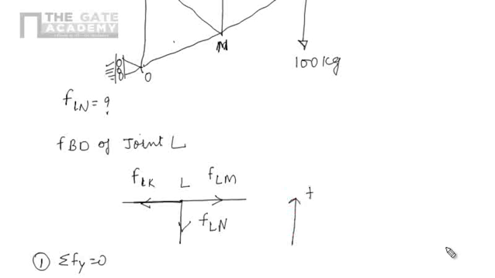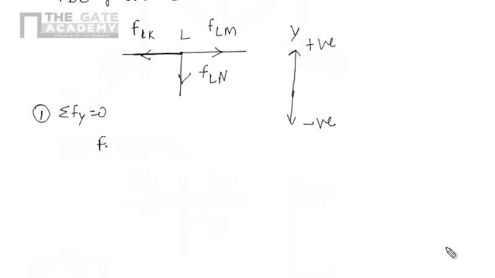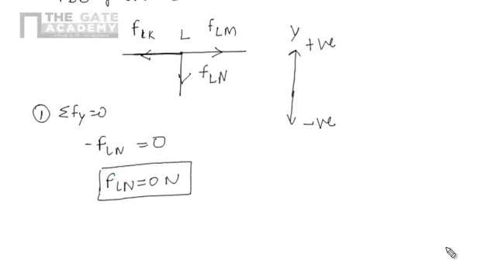So according to our sign convention, upward direction is positive, downward is negative. So in vertical direction there is only one force F LN, which is in downward direction, so negative, and it should be 0. So F LN will be 0 Newton. So this one is the correct answer for this problem.